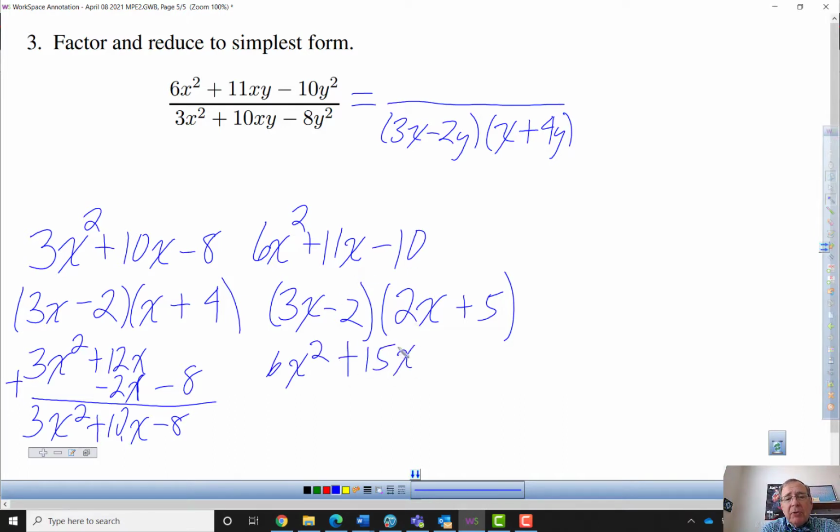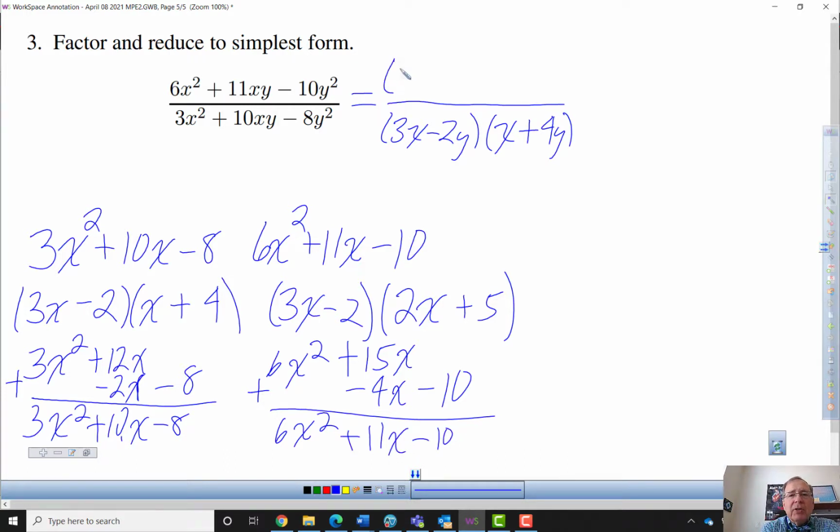Negative 2 times 2x, negative 4x. Negative 2 times 5 is negative 10, just like we knew it would be. Add the two rows, 6x squared plus 11x minus 10. So that worked, and we're just going to change it to 3x minus 2y times 2x plus 5y.